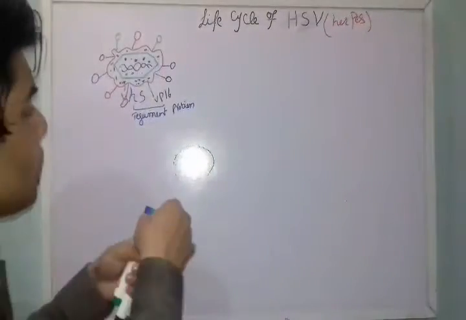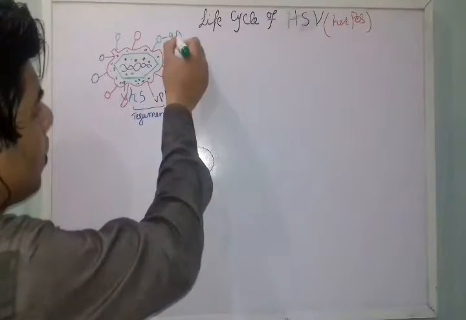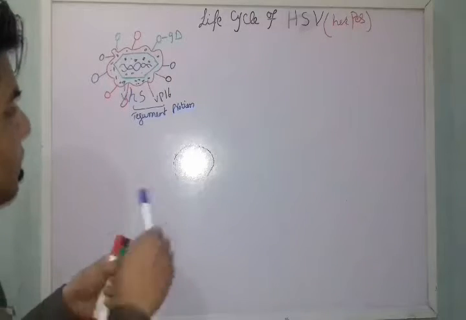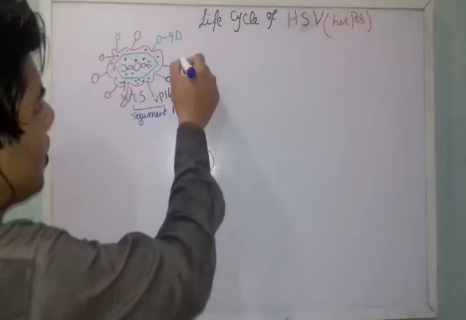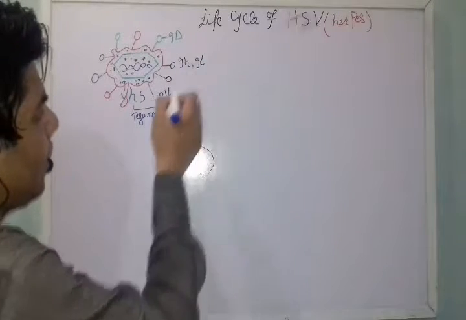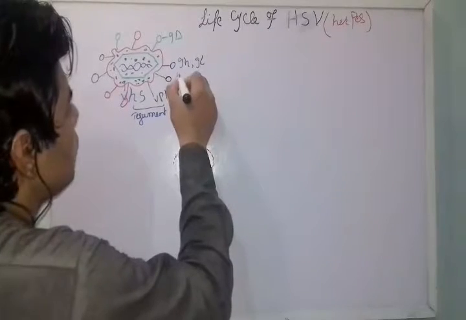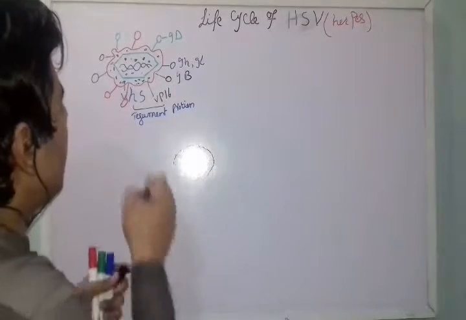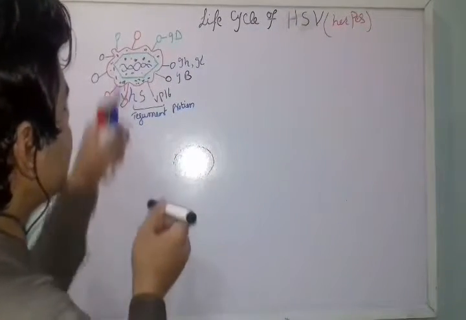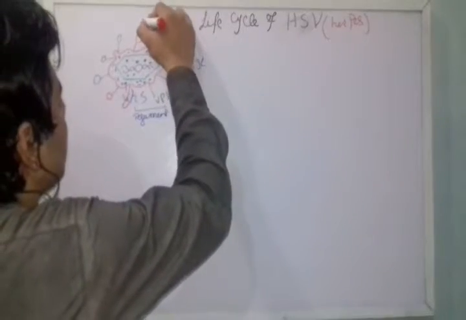This green one, let's suppose we call GD. This blue one, let's suppose we call GH or GL. This black one, let's suppose we call GB. And this red one we call GB.